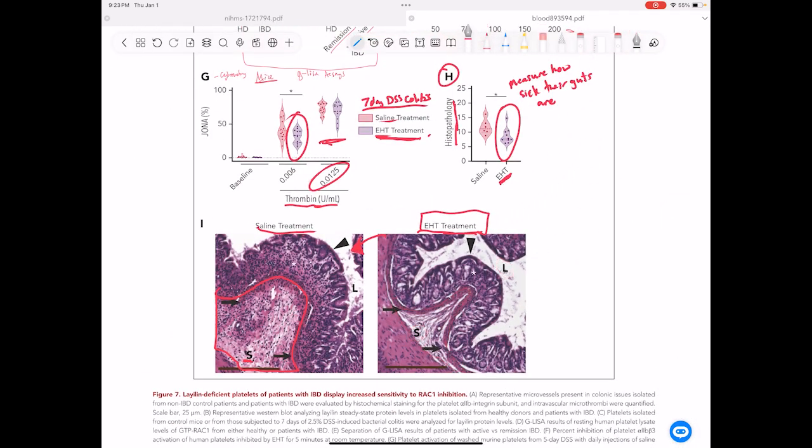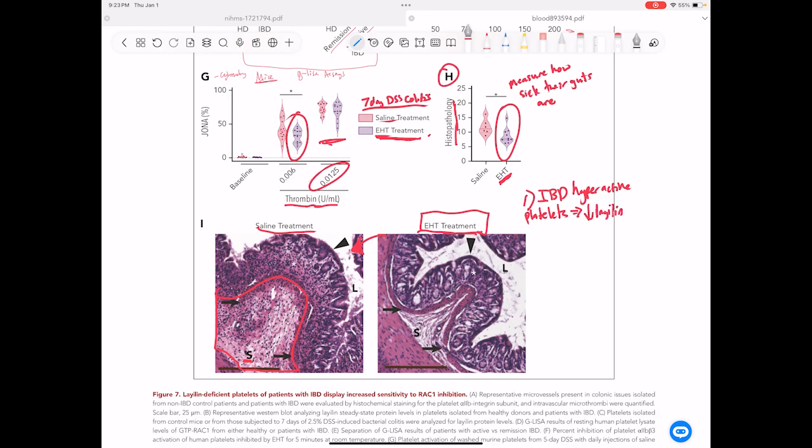So this whole figure is looking at two things. One, in IBD, hyperactive platelets have reduced Layilin.